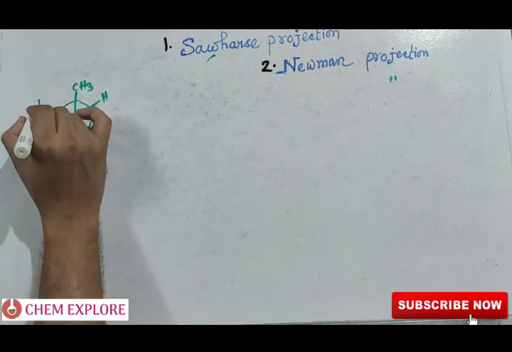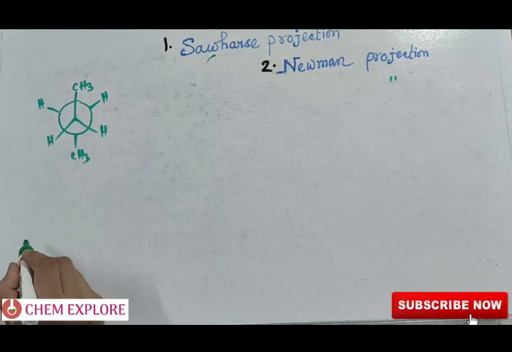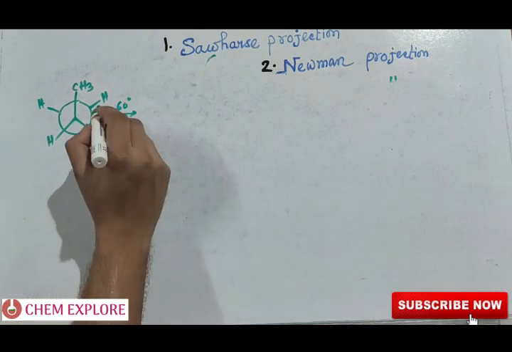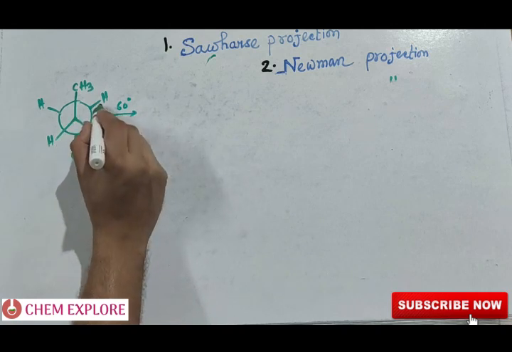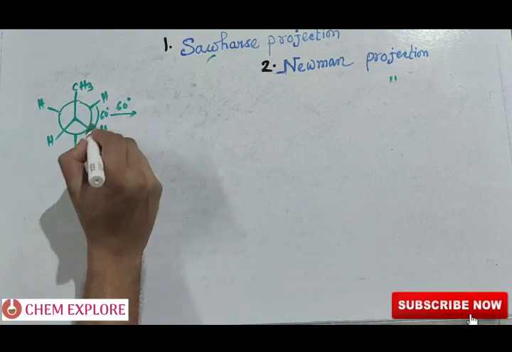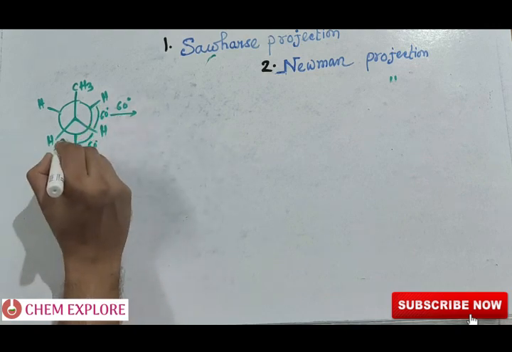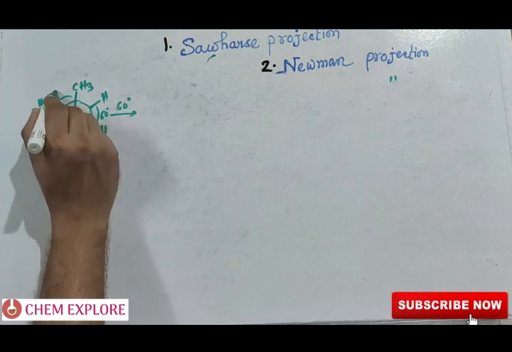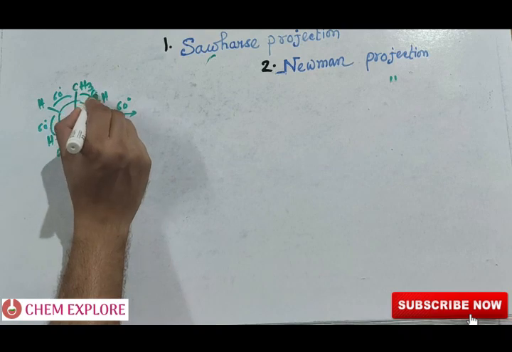Okay, it's very important. Now if you rotate 60 degrees in the back side, back center we have to rotate, then what will happen? This angle is 60 degrees, this angle is 60 degrees, and all of these are also 60 degrees, right?